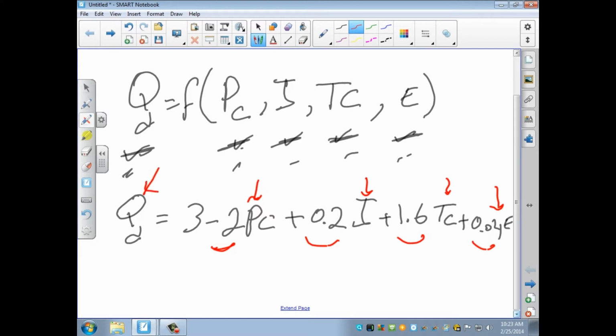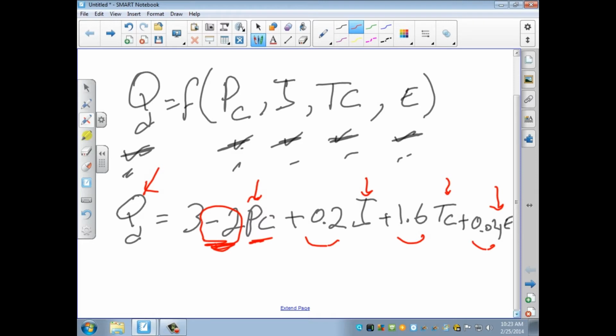So, for example, the negative relationship between price of copper and quantity demanded shows that when the price of copper goes up, the quantity demanded will go down. For every 1 unit increase in price of copper, quantity demanded will go down by 2, the negative 2, therefore, in this case.